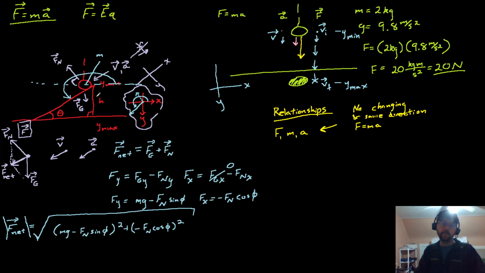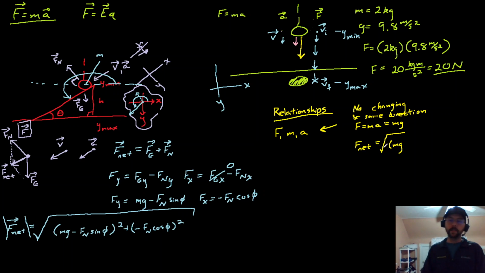But if we have multiple forces, then in this case, we see that the magnitude of the net force equals the square root of mg. Well, if I were to keep g, this is also the same as mg. So F equals mg.